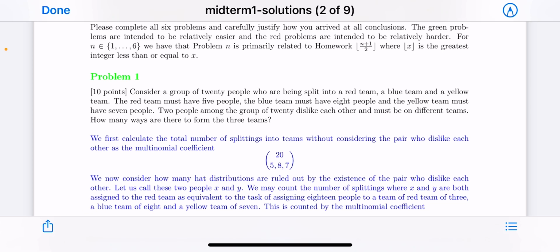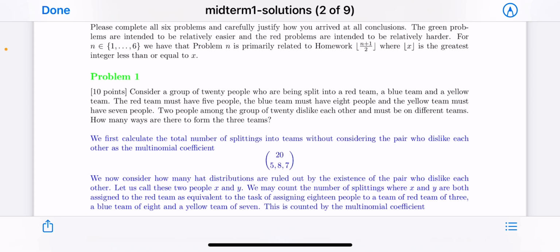This is a general pattern for counting problems that ask how many ways there are to do something with a specific subset of the ways excluded. Here we're asking about the number of ways to form the teams, and we're excluding a particular collection of teams. So I count something, and then subtract off some things to compensate.